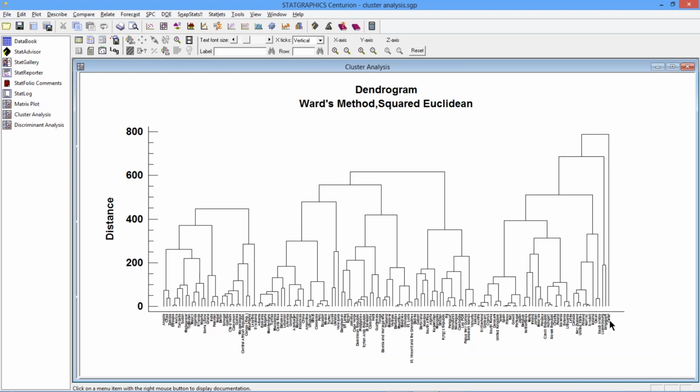Question, can cluster analysis be used for solving vehicle routing problems? I don't know. Vehicle routing. Good question. If anybody knows the answer to that, have you ever seen cluster analysis used for routing vehicles?